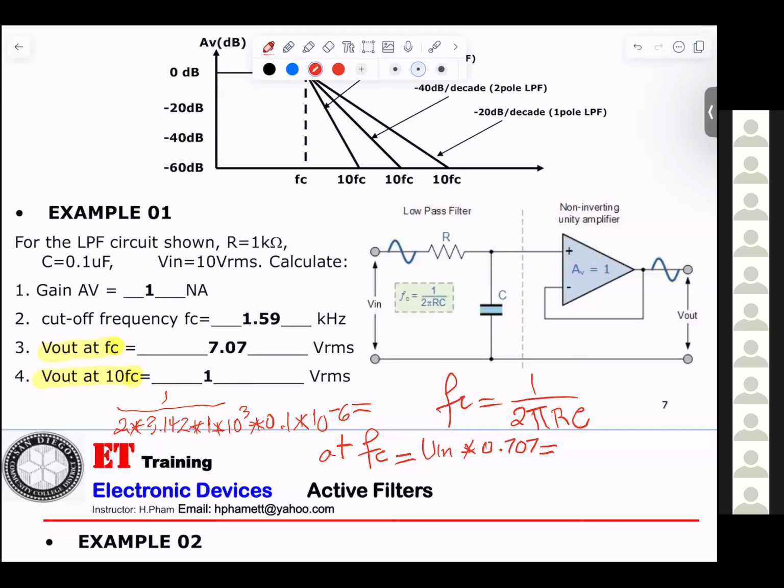So you get 10 volts times 0.707, which gives you 7.07.